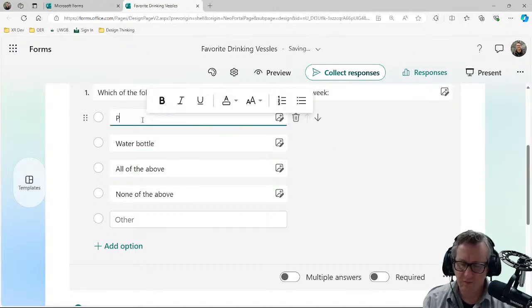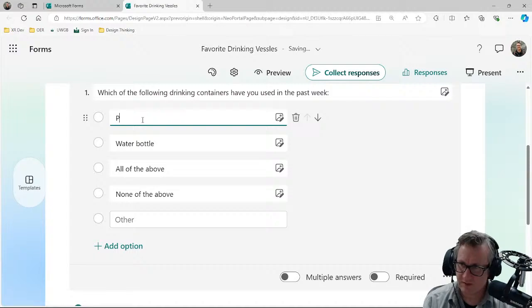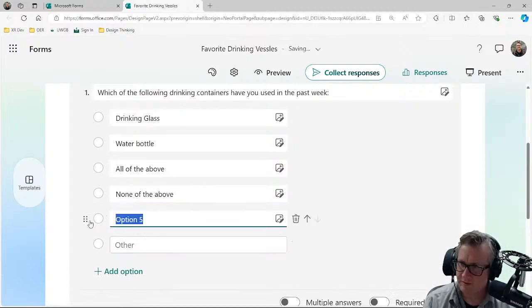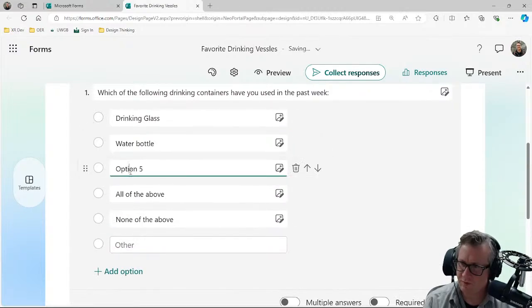Let's see, I'm going to do pint glass. There we go. Add option. Let's keep it simple. What's another one? Let's see, mason jar.